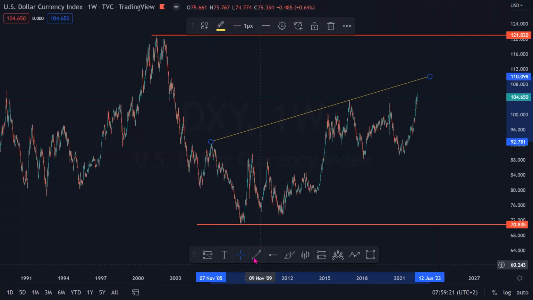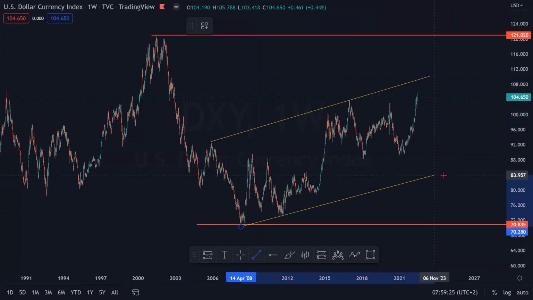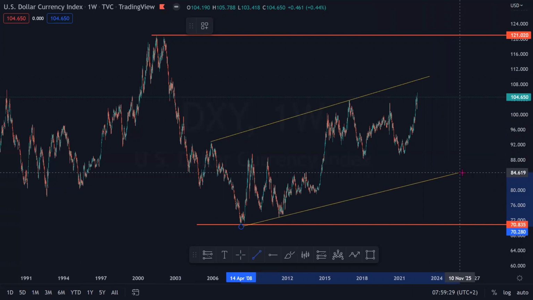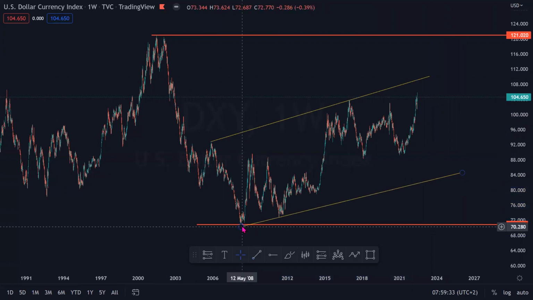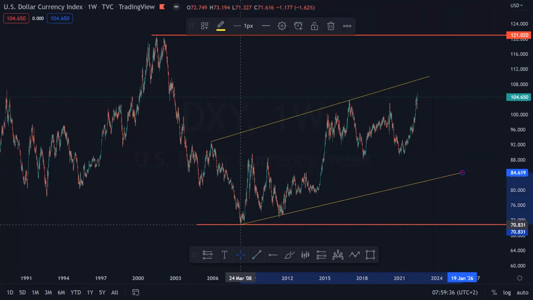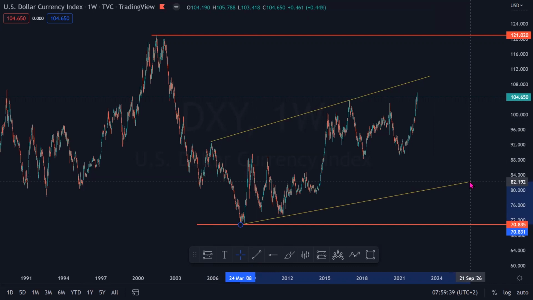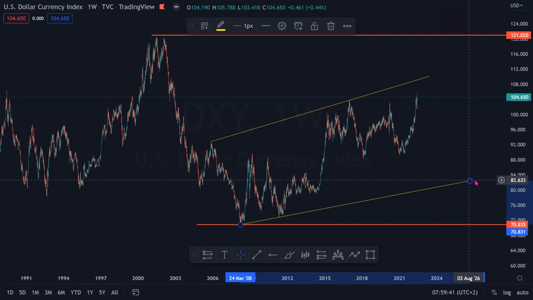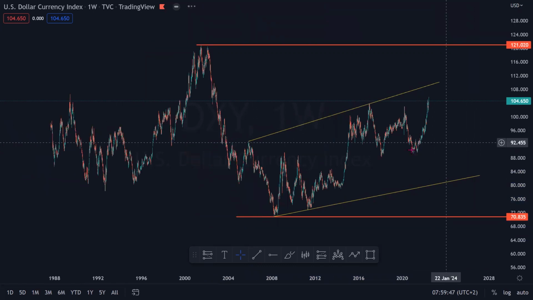Let me put my trend line very properly. So here's our weekly time frame.